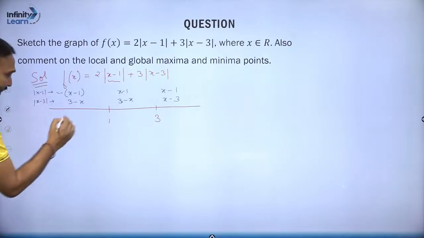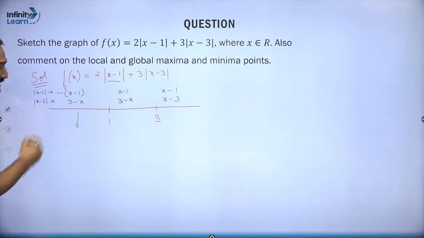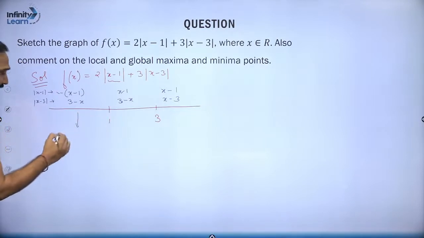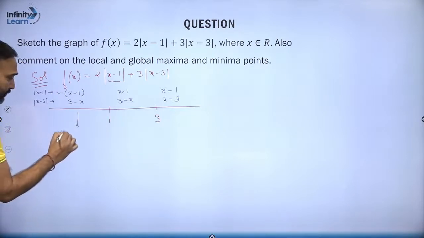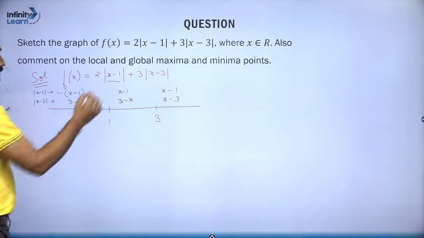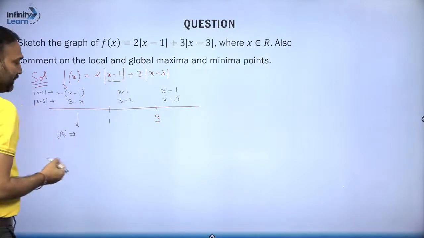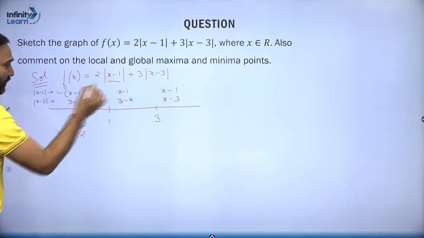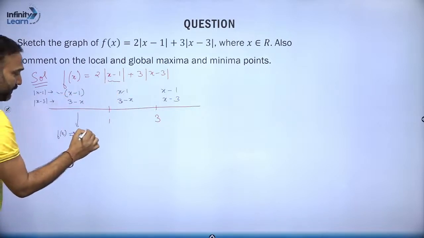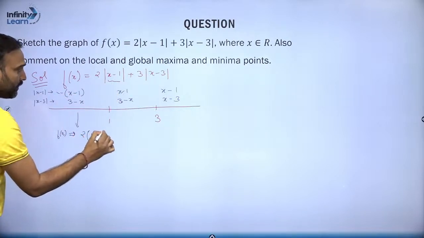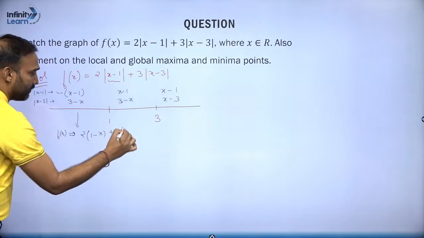So first case is when x is less than 1. When x is less than 1, I am writing the function now. Function would be twice of this plus thrice of this. So twice of mod of x minus 1, instead of this, I can write 1 minus x, plus 3 times 3 minus x.